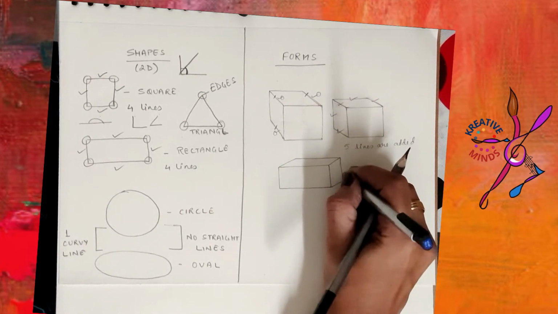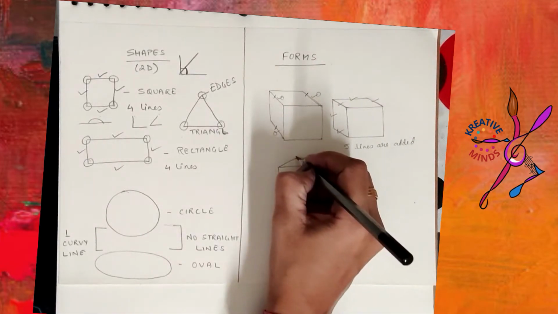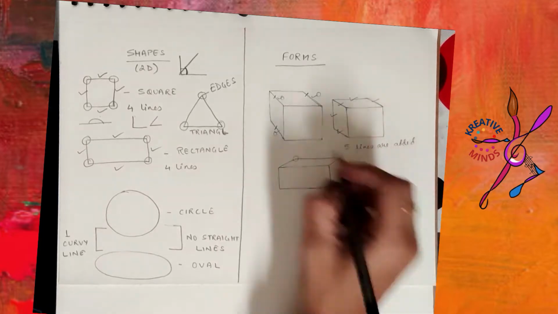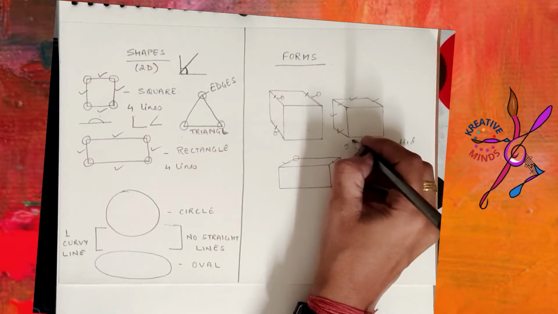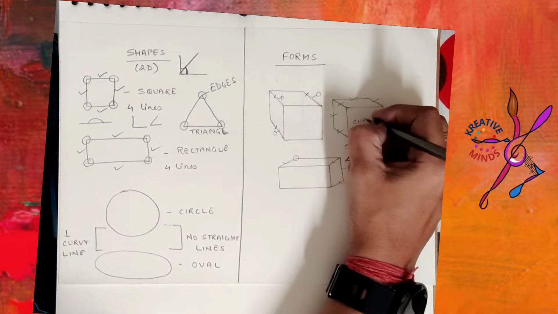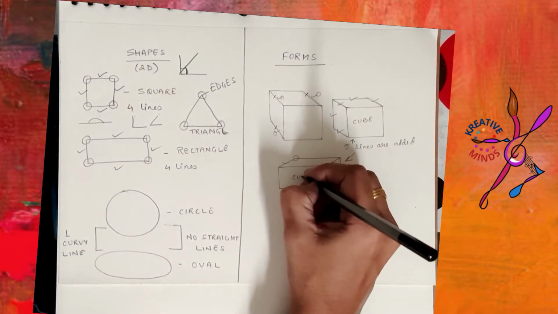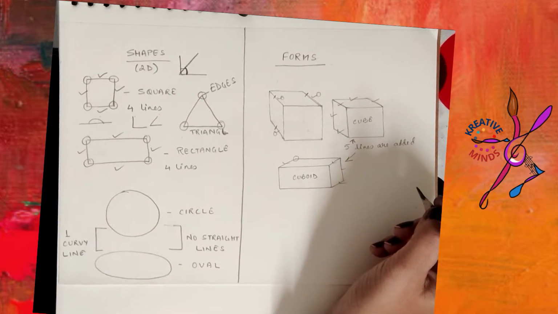Correct. So here also I get 1, 2, 3, 4, 5. So 5 lines added for a cube, 5 lines added for a cuboid. Can I draw the cuboid in the middle? Absolutely.